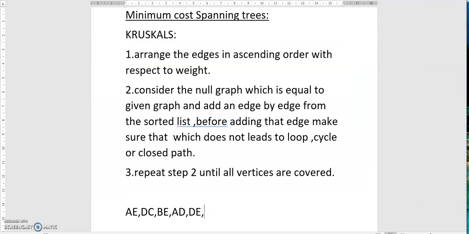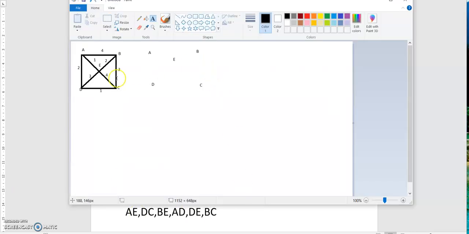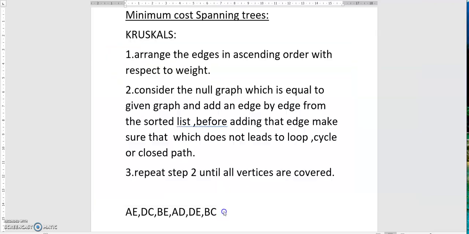DE, BC. Next greater value is 4. That means CE, AB. CE, AB. So all the 8 edges are covered in ascending order with respect to their weight.